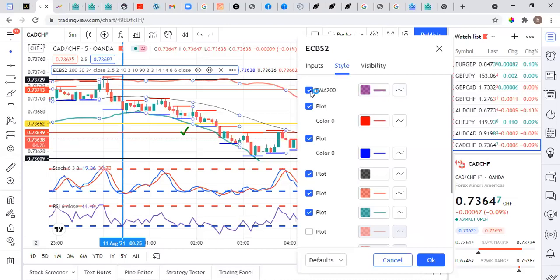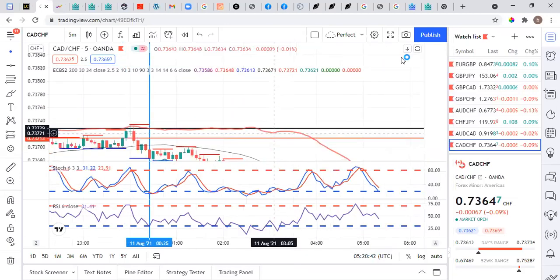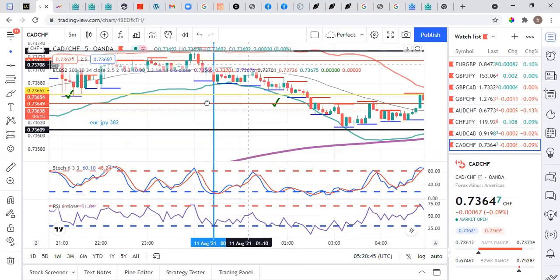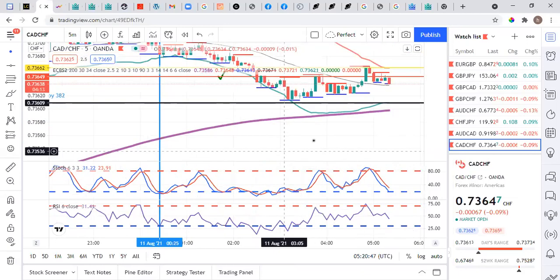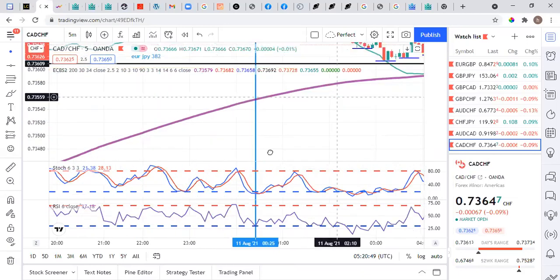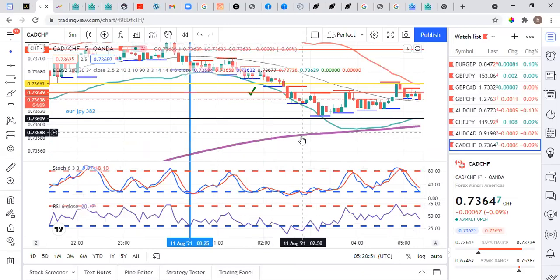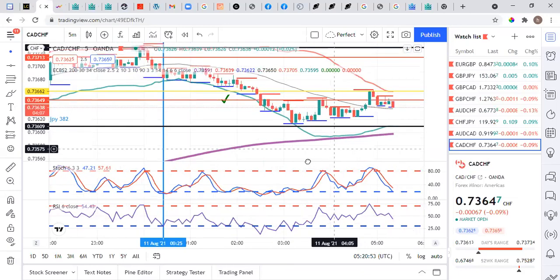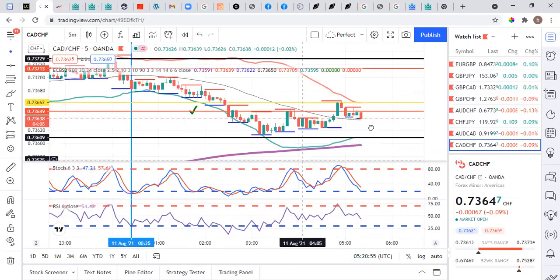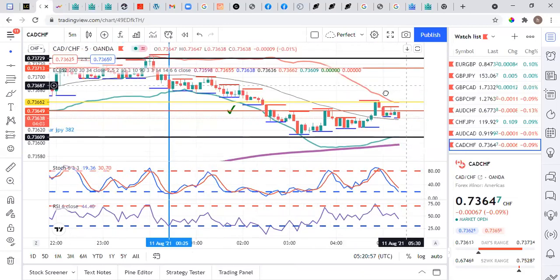So you know the one that left. This is the EMA 200. The Cabral gives you the EMA 200 automatically, so you don't have to add the EMA line again. Can you see that the EMA has shown now? I have removed the EMA. This one is the one working for ECBS Cabral.